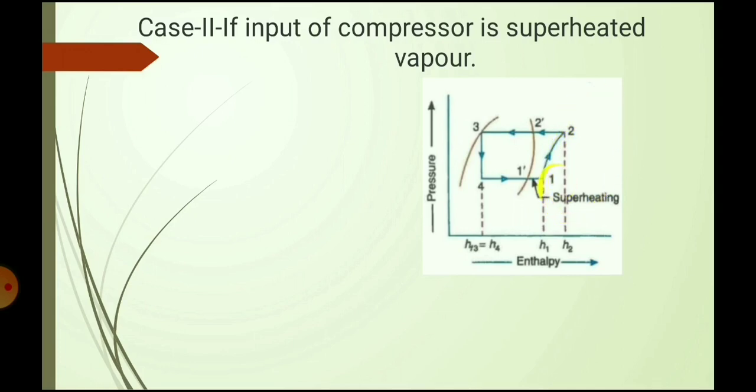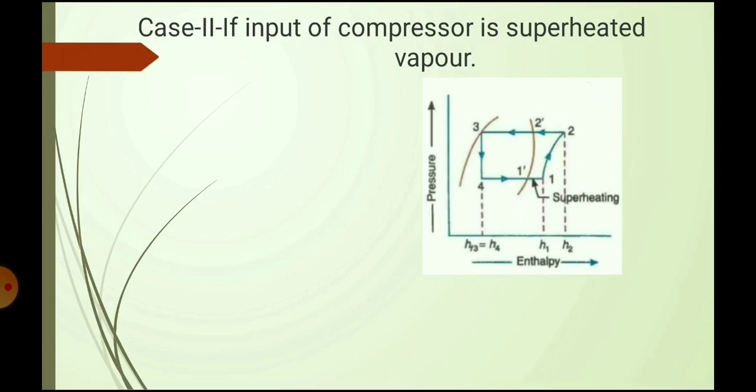Therefore point 1 is in the superheated region, and because 1-2 is an isentropic process, point 2 is always in the superheated region.